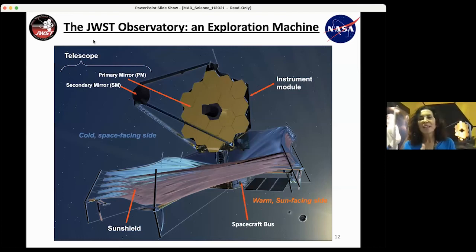So if you were this astronomer, you came up and said, hello, I want to build a telescope that will tell me how the first stars were formed, how the first galaxies were formed, can I keep looking for planets, and can you tell me if planets have an atmosphere like the Earth.